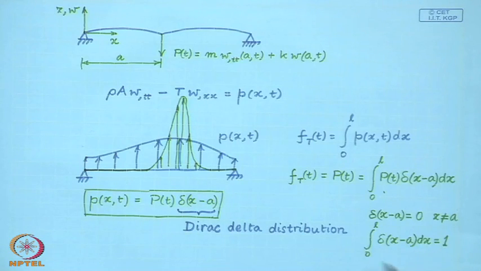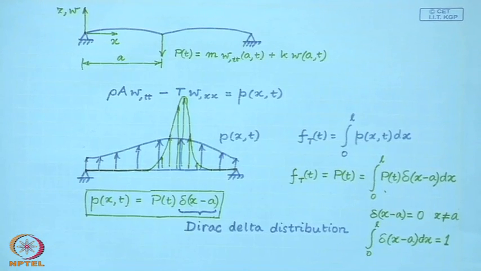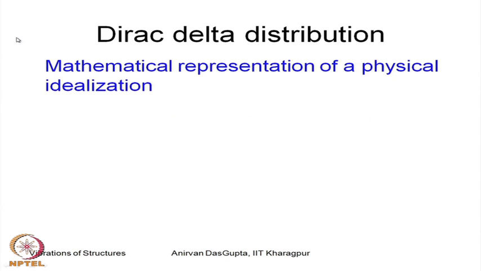So, the area under this distribution is 1. So, this Dirac delta distribution achieves a mathematical representation of a physical idealization.